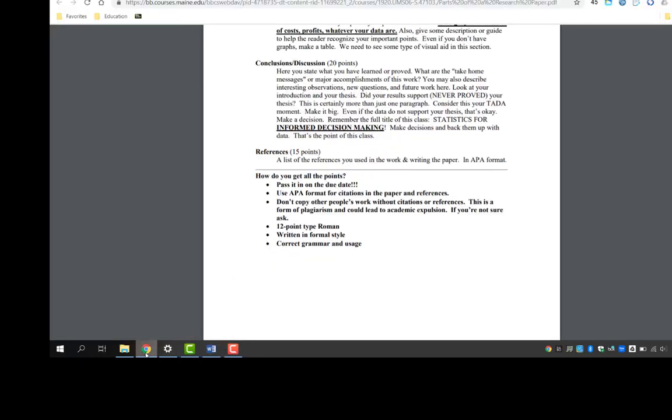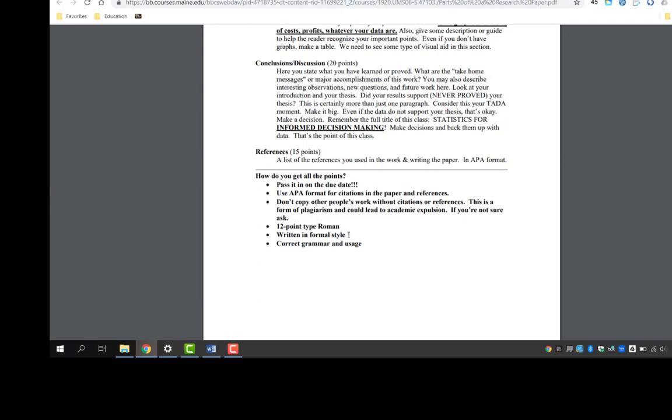So going back to the sheet, a couple of final things: always pass it in on the due date, use APA format, and make sure you use 12-point Times New Roman font and formal style. What I mean by formal style is that it's written in the third person, in declarative sentences, in the active voice, not passive voice, and without any subjective adjectives.